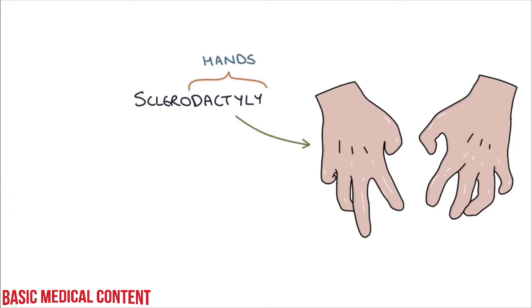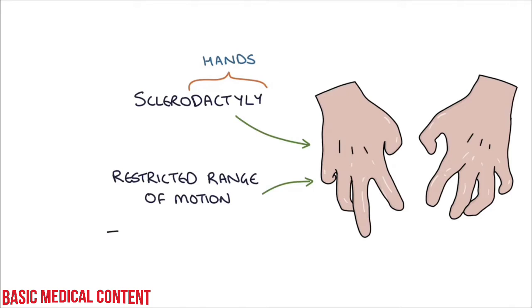As the skin tightens around the joints of the fingers and the hands, it restricts the range of motion in the joint and reduces the function of the hands. As the skin hardens and tightens further, the fat pads on the fingers are lost. The skin can get so tight that it breaks and ulcerates and really struggles to heal and becomes a chronic problem.